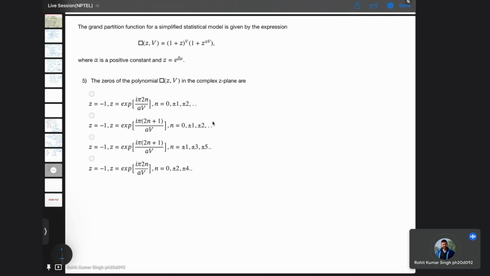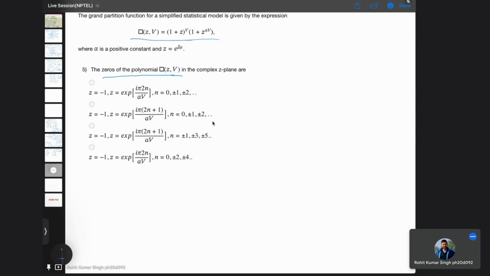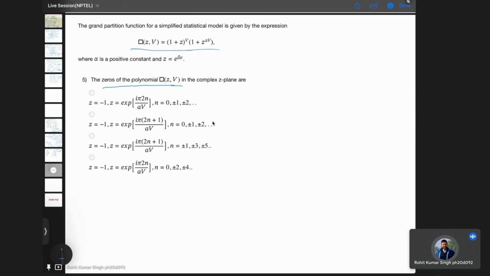Here the grand partition function is given, and we want to calculate the zeros of this polynomial. This is not related very much to statistics. It's just a mathematical problem.